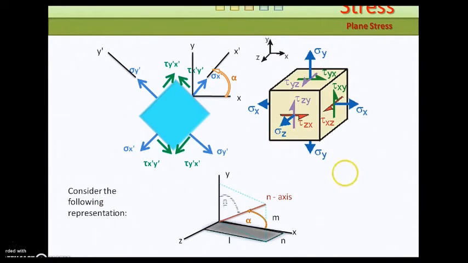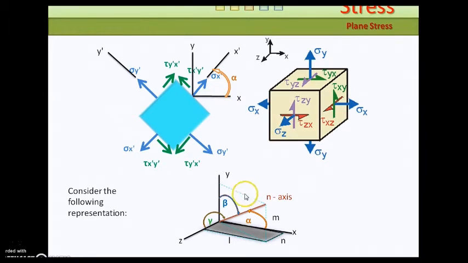And now direction cosines can be derived by the following setup. And when the plane does rotate by angle alpha, we obtain a direction that is normal to this tangent. The normal axis here, and we have the x prime axis, and this is normal to the tangent of the oblique plane for the 3D case.